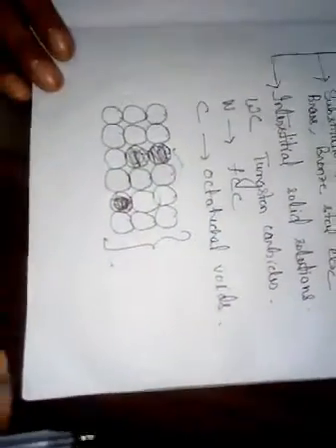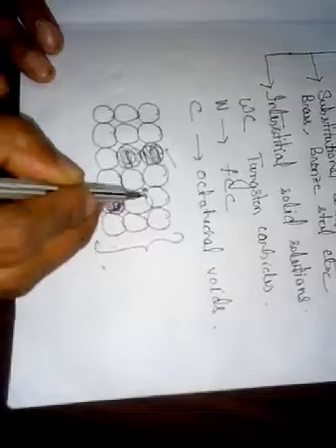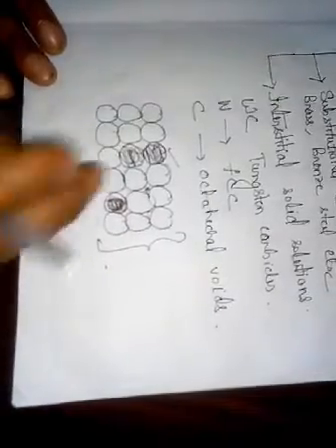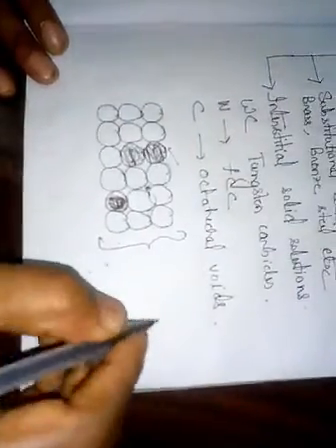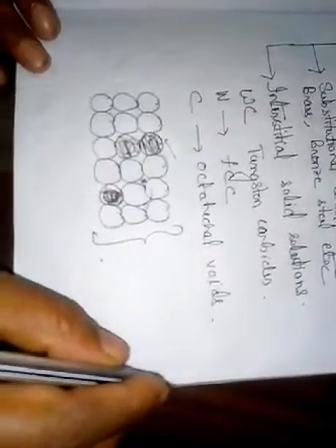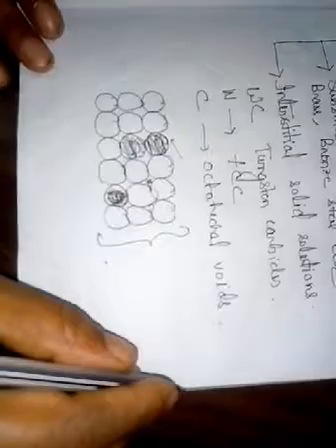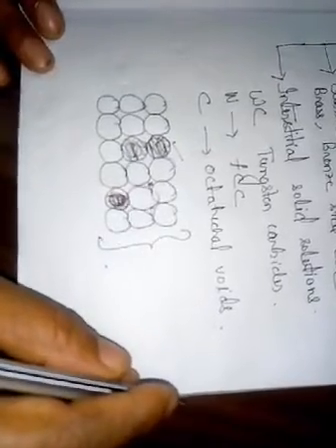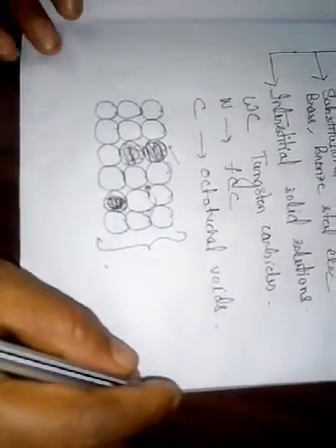Interstitial solid solutions are formed when the interstitial sites or the voids present in between are occupied by some other atoms or ions of smaller size.